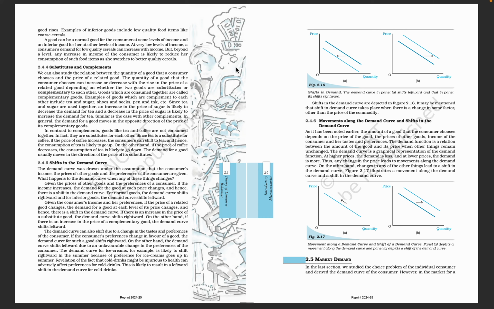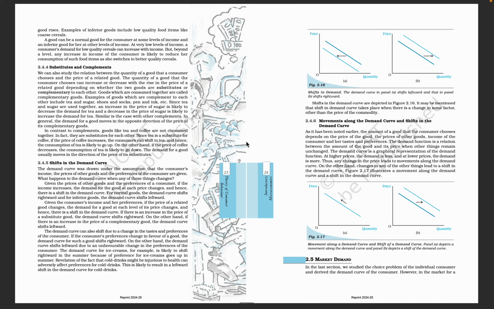Given the consumer's income and her preferences, if the price of a related good changes, the demand for a good at each level of its price changes, and hence there is a shift in the demand curve. If there is an increase in the price of the substitute good, the demand curve shifts rightward. On the other hand, if there is an increase in the price of the complementary good, the demand curve shifts leftward.